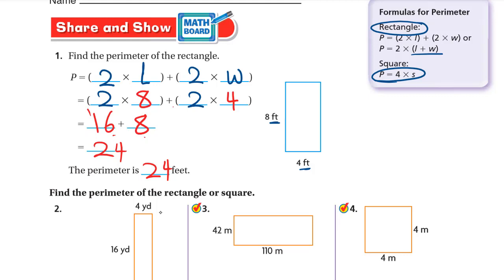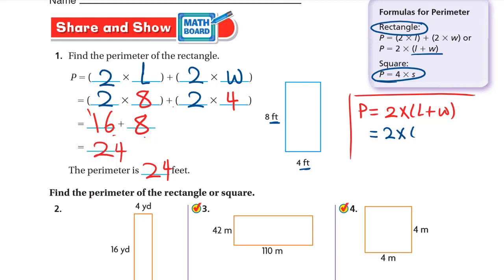What if we used the other formula? So here is another answer. We can write the other formula here. P equals 2 times L plus W. So here I write equal, and I write 2 times, instead of L and W, I write 8 plus 4. So 8 plus 4, and I say equal.